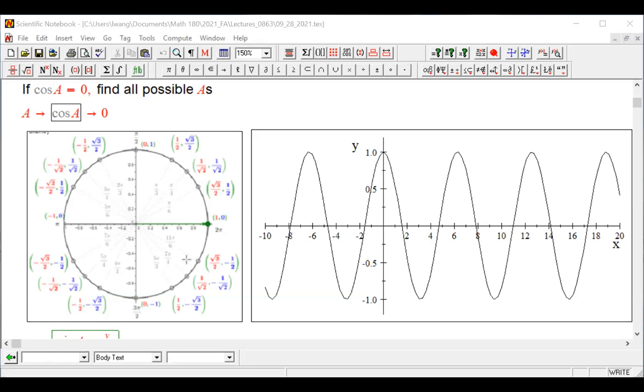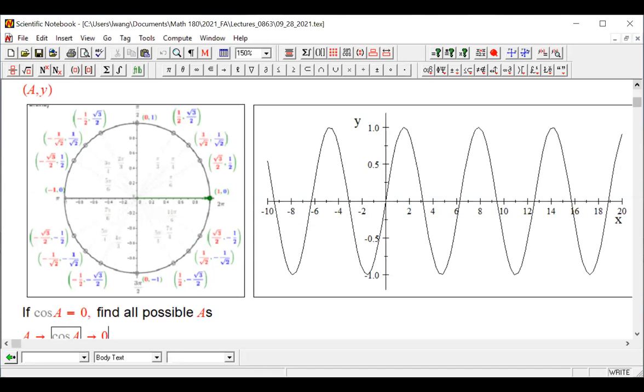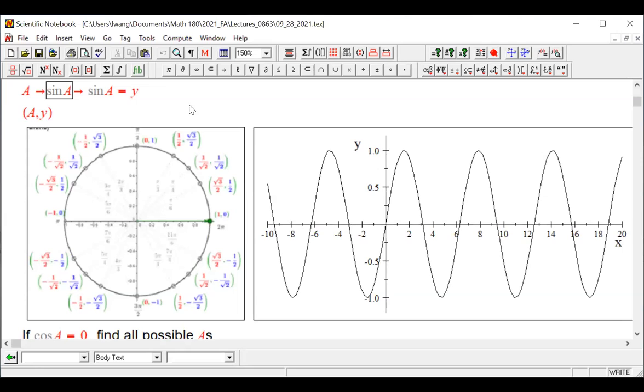What did we do when we did sine, in order to identify the x-intercept?